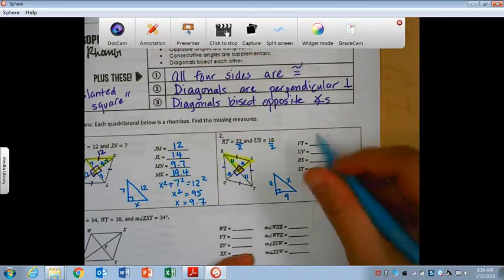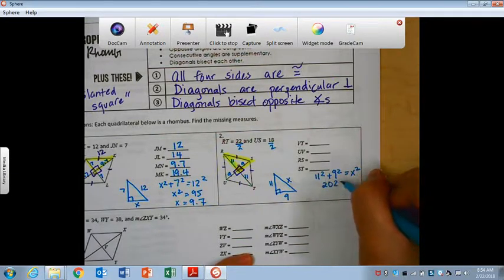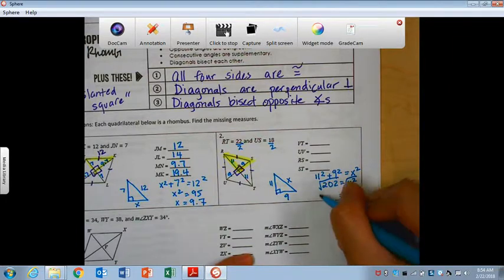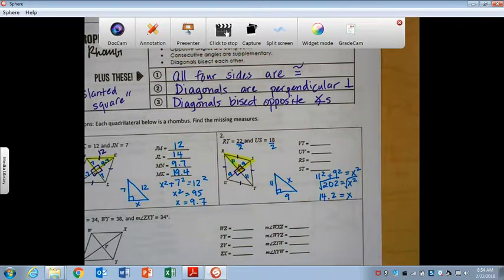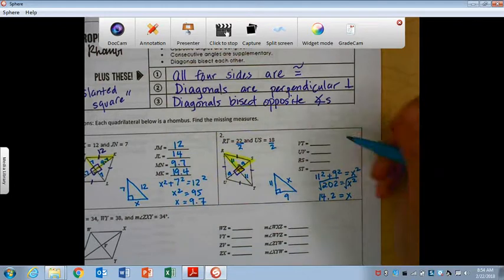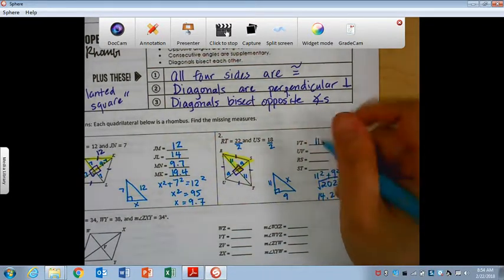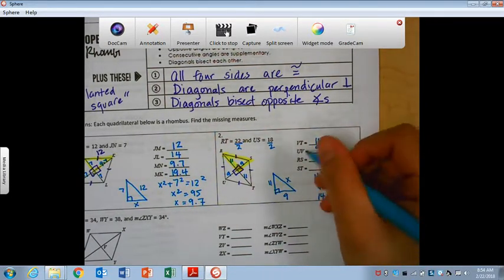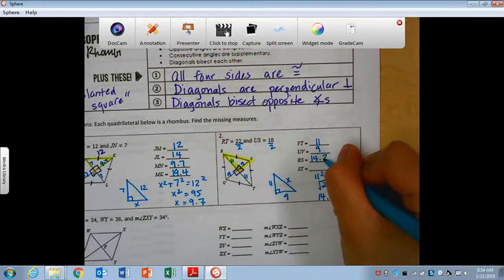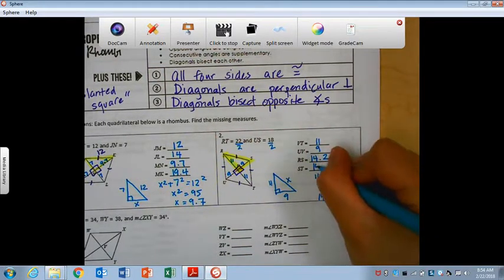So that's 202 equals x squared. You square root, x equals 14.2. Now we can complete this: VT is 11, UV is 9, RS is 14.2, and ST is 14.2.